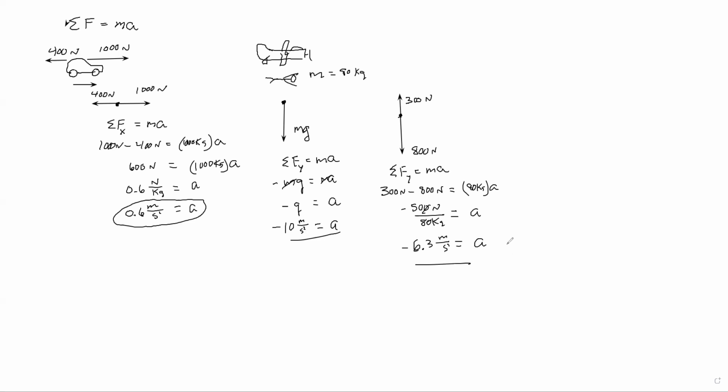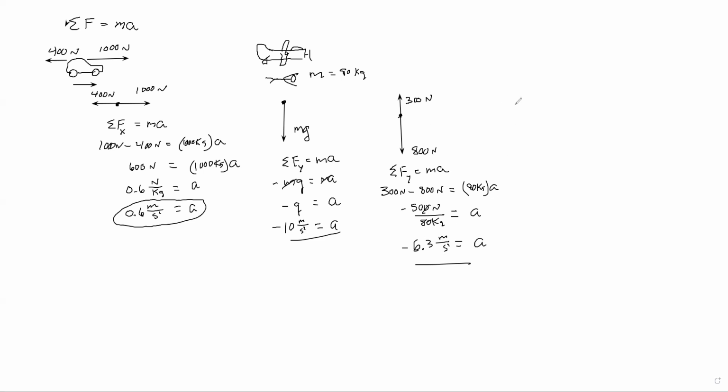So this person is still accelerating downward, because the force down is bigger than the force up. Therefore this person is going to accelerate in the negative direction and continue to increase in velocity, by negative 6.3 meters per second every second. So this person is still getting faster, just not getting as fast, if that makes sense.